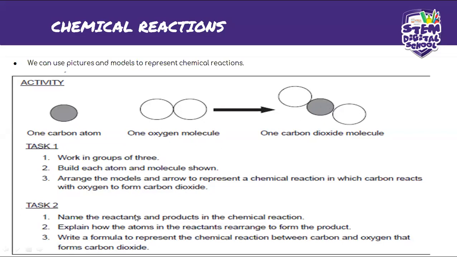Two, explain how the atoms in the reactants rearrange to form the product. And then write a formula to represent the chemical reaction between carbon and oxygen that forms carbon dioxide. So this is a simple activity for us to consolidate what we have just learned.